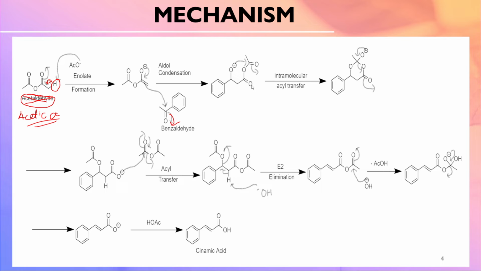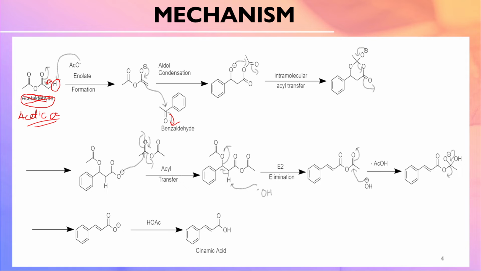Now here will be an intramolecular acyl transfer, that is, this O negative will attack this carbonyl. Again one O negative forms and it will come back and this bond will break.